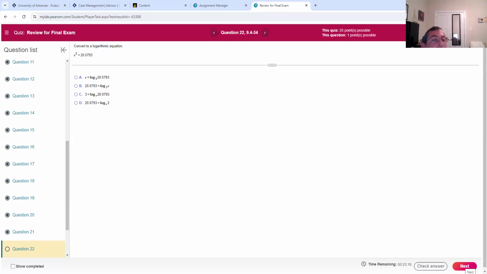So y'all, let me write this down. What was it? E to the third equaled 20.0793. And I'm looking at the answers. They're leaving them as a log base E instead of doing the LN stuff on it. So we don't have to rewrite it as the LN on this one, it looks like.